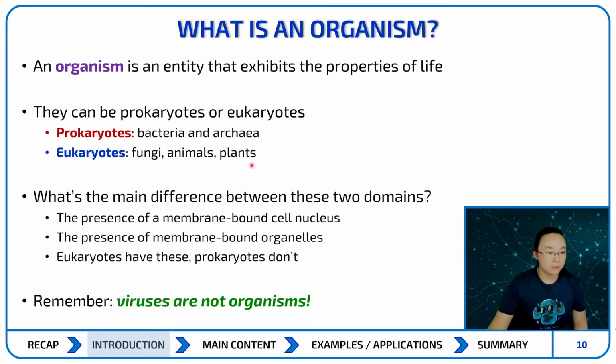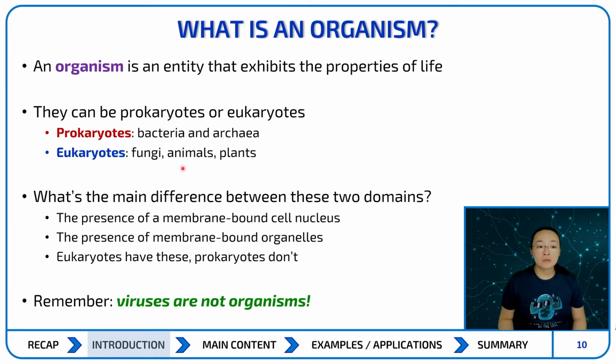With prokaryotes, there used to be two kingdoms, bacteria and archaea. Now we just primarily say that bacteria are the main constituents of prokaryotes, while archaea is like a separate category. With eukaryotes, you have fungi, animals, and plants. So these are the three different types of living organisms under eukaryotes.